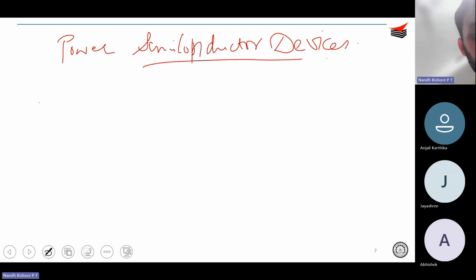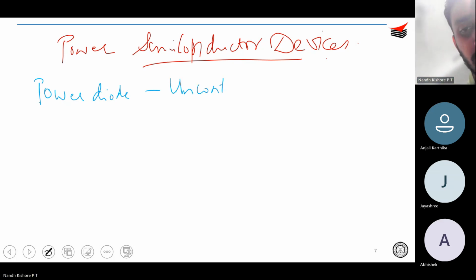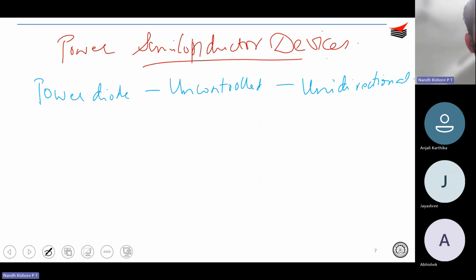So if I just have to list out the devices, you have the power diode, which is uncontrolled, and it is always unidirectional current conduction. And then you have SCRs or thyristors, on the other hand, they are semi-controlled. Why semi-controlled?